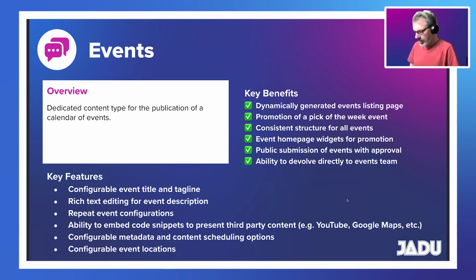So your pick of the week will appear at the top of the page for the week that it's happening. There is default functionality to enable public submission of events with an approval process behind it. As with all content types, you can devolve it to relevant teams. You can configure event locations that you can reuse as well.